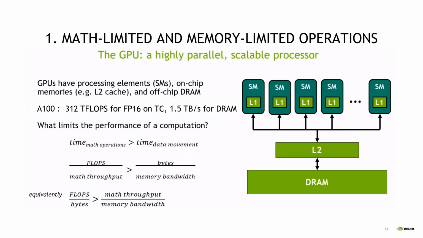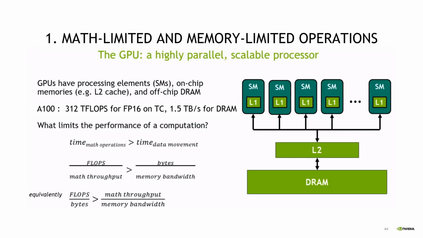SM is a streaming multiprocessor, and this is the minimal cell that will run your task. A100 has 108 SMs. When a computation starts, your data will be divided into blocks, and SMs will fire up to compute these partial subtasks.